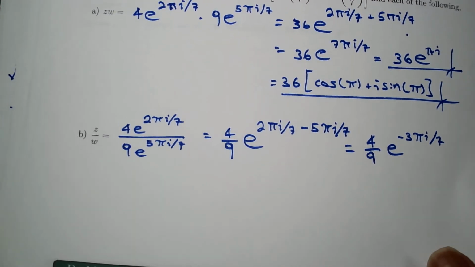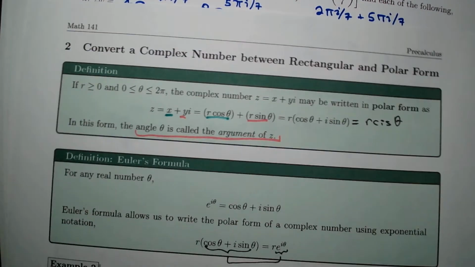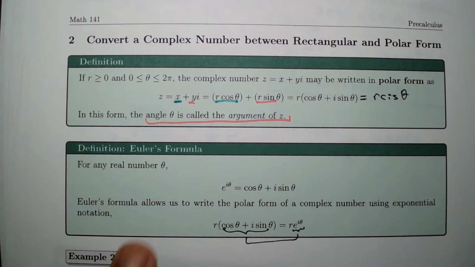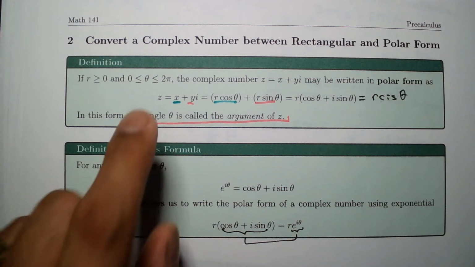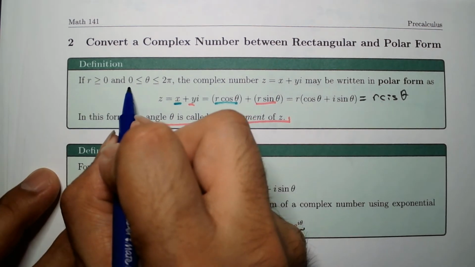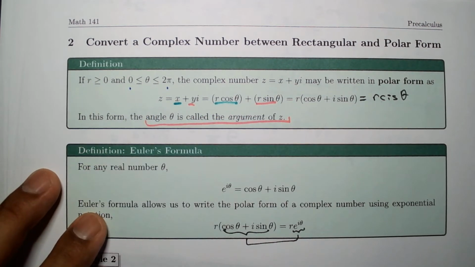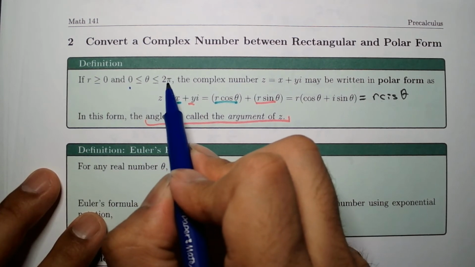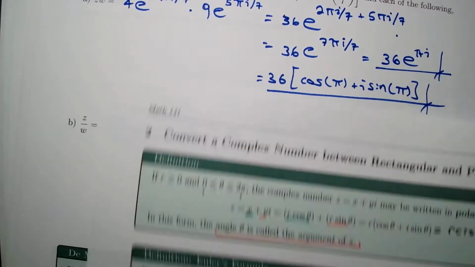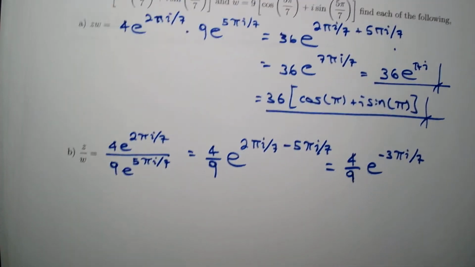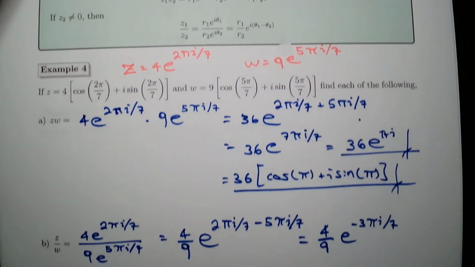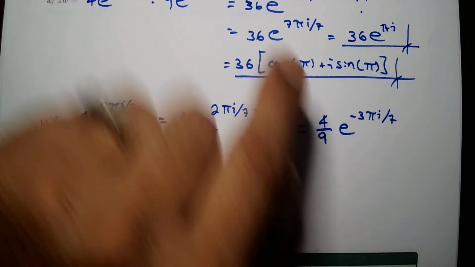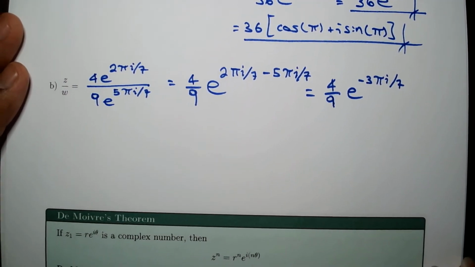The problem here is for the complex numbers, the argument theta has to be between 0 and 2 pi. That is, no negative angles and no angles larger than 2 pi or 360 degrees. So we have a problem with this being negative 3 pi over 7.